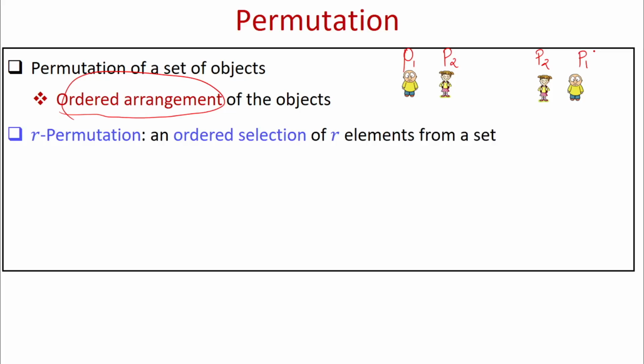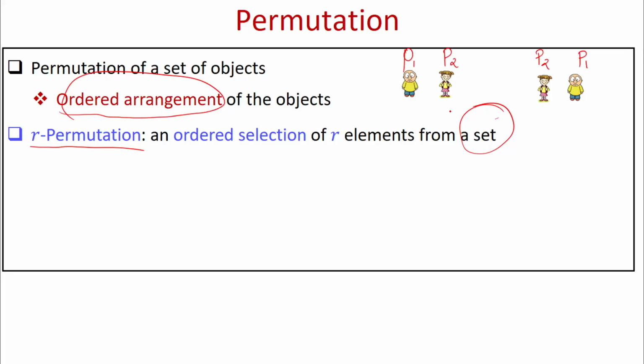So we define what we call an r-permutation, and an r-permutation is nothing but an ordered selection of r elements from a set, right? So you are given a set which has a certain number of elements, of course it should have r or more elements, and we select r elements in an ordered fashion.